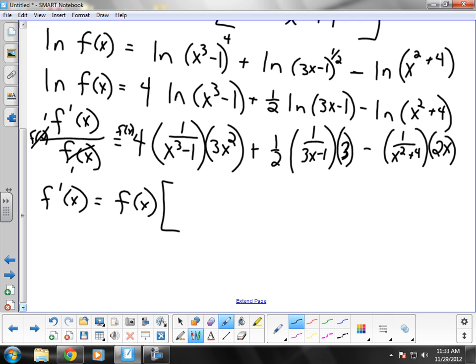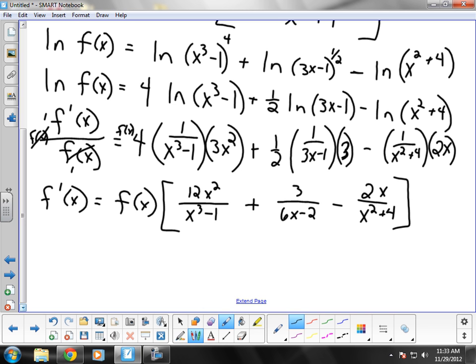So I've got the 4 and the 3x squared that are both whole numbers, so they go in the numerator. So I've got 12x squared over x to the third minus 1, plus, how about 3 over 6x minus 2, minus 2x over x squared plus 4, is exactly right.